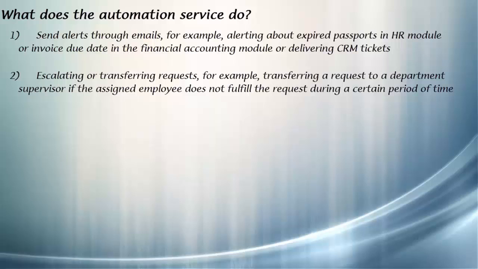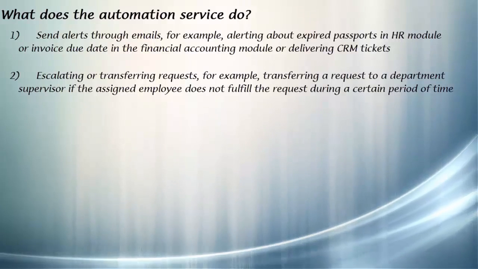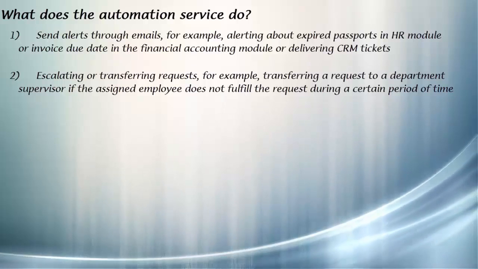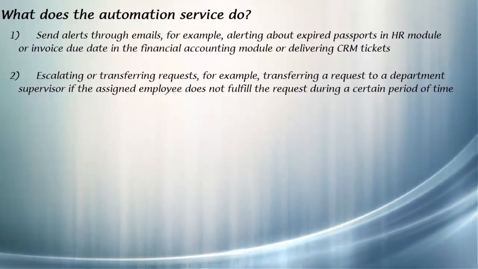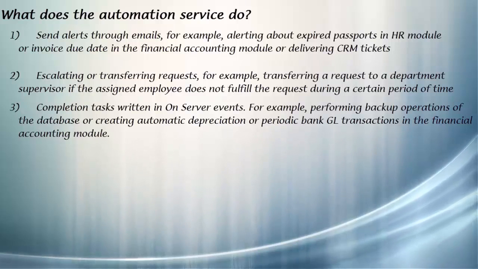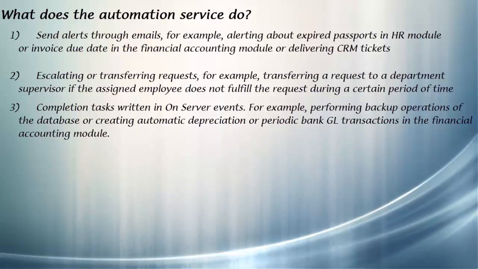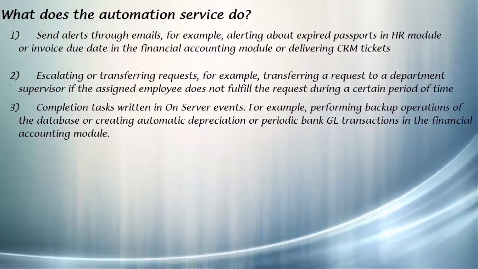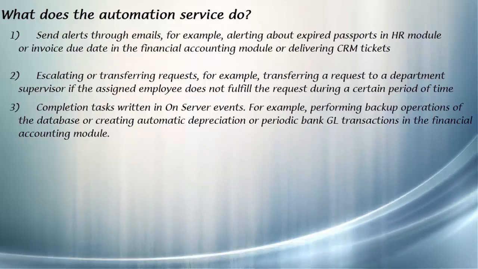Second, escalating and transferring requests, for example transferring a request to a department supervisor if the assigned employee does not fulfill the request during a certain period of time. Third, completion tasks written in on-server events, for example performing backup operations of the database or creating automatic depreciation or periodic bank GL transactions in the financial accounting module.